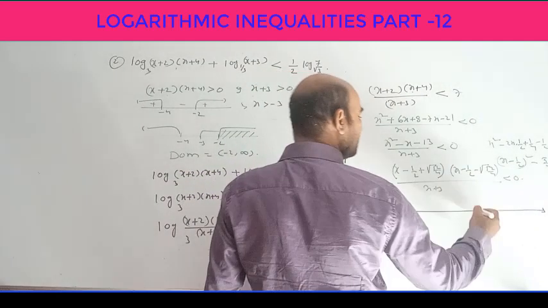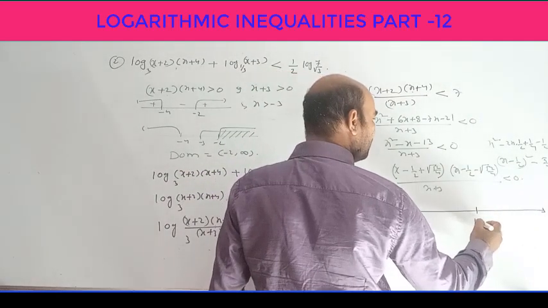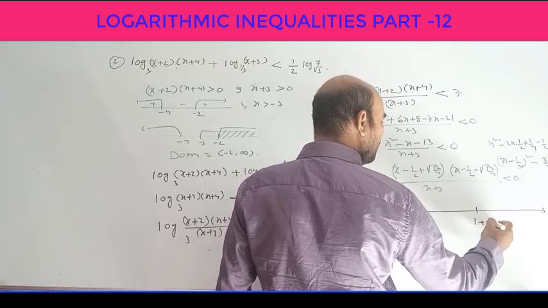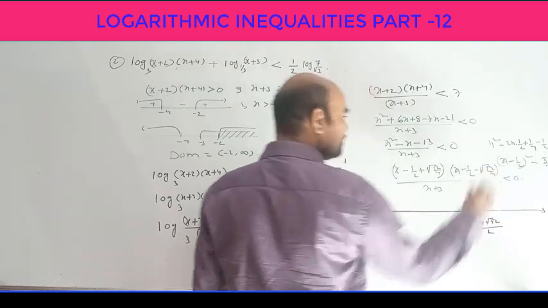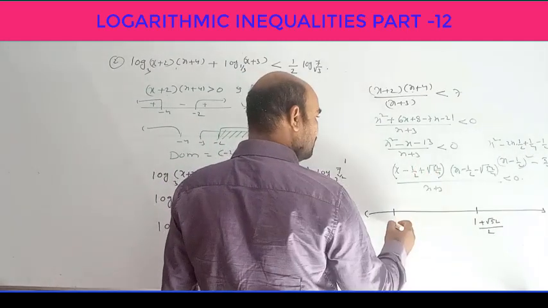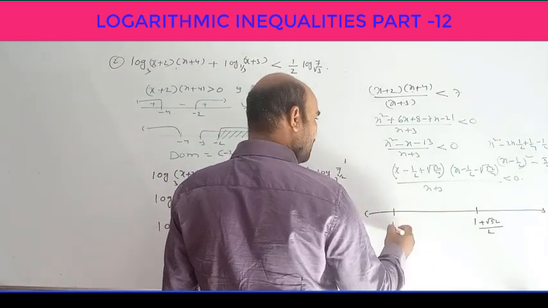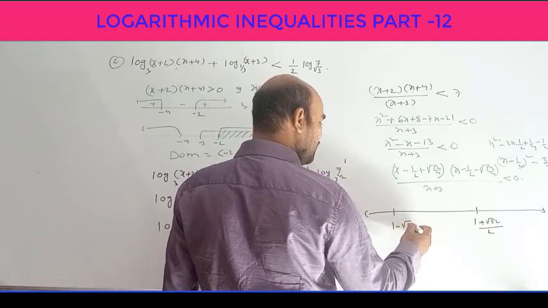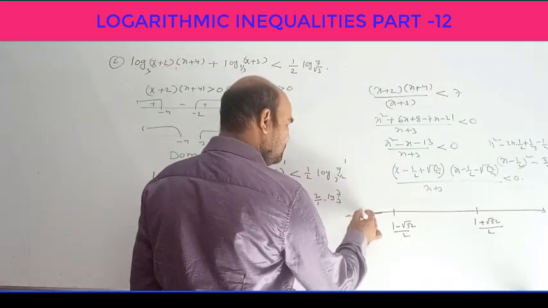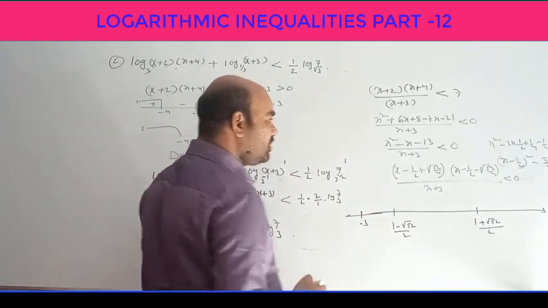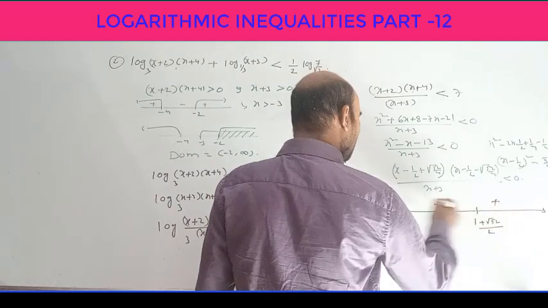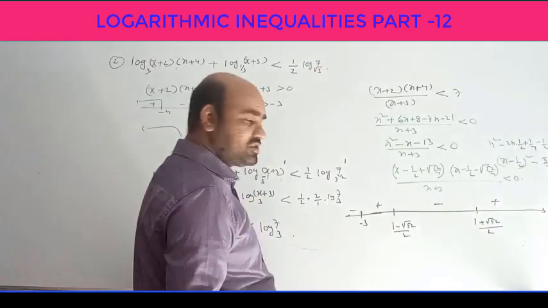So what is this? 1 plus root 53 by 2, this one. And 1 minus root 53 by 2. It's minus 3 somewhere here. So plus and minus signs you want.